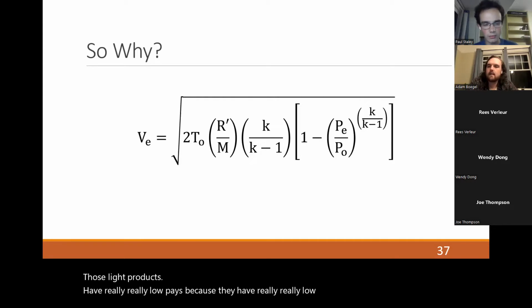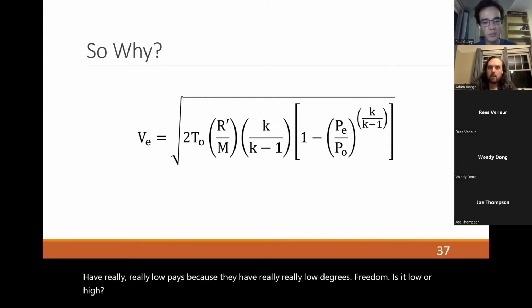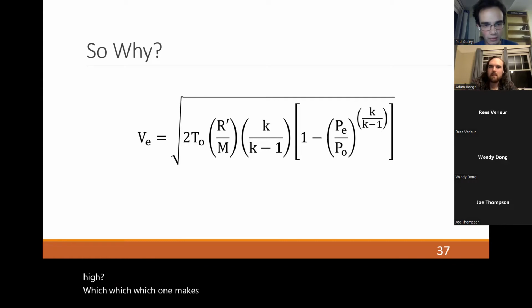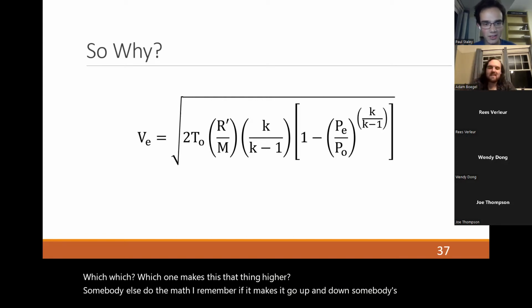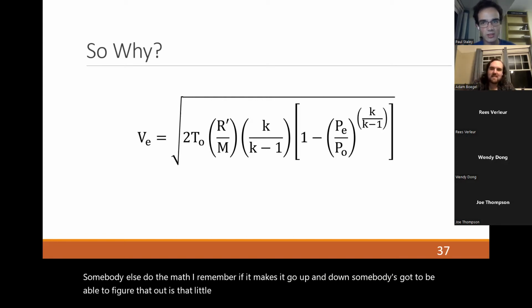Wait, is it low or high? Which one makes that thing higher? Somebody else do the math. I don't remember if it makes it go up or down. Somebody's got to be able to figure that out. Okay, let's see. If K is 1, then that would be 0.